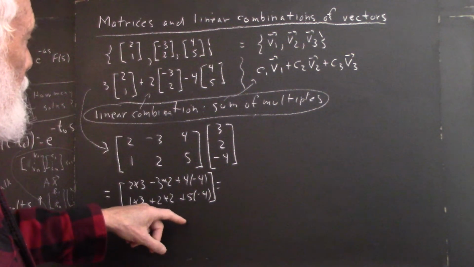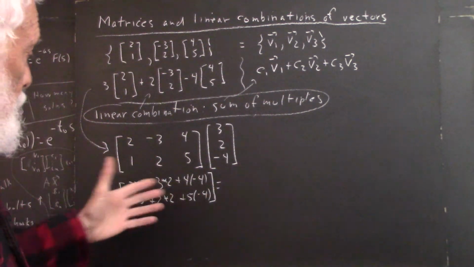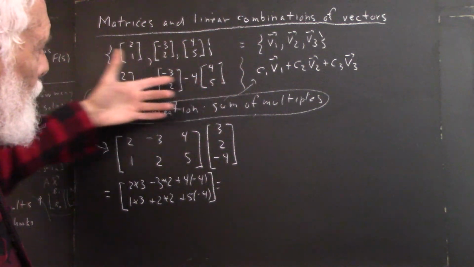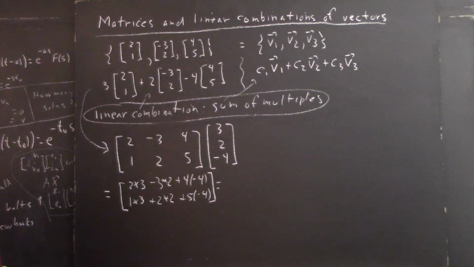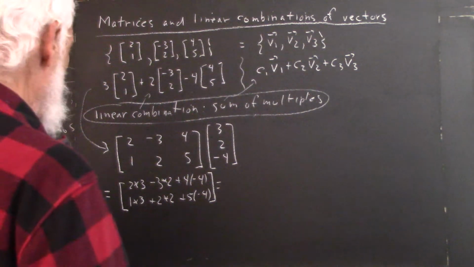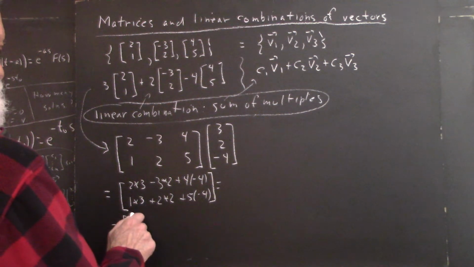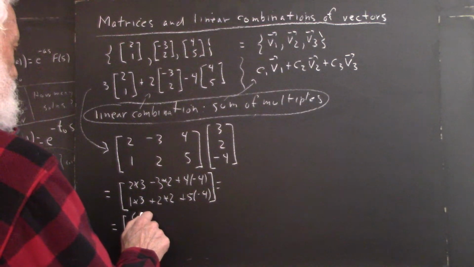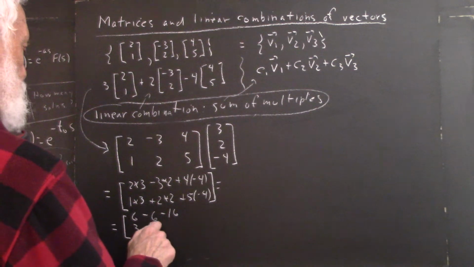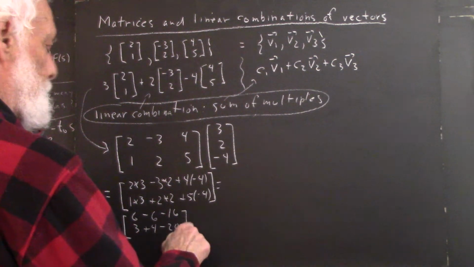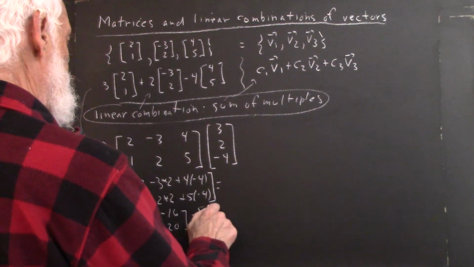Here we have negative 4 times 4, 5. So we have the whole sum that we would need here, but it's sitting right here in front of us. Well, we can then add that up, and we get 6 minus 6 minus 16, and we get 3 plus 4 minus 20. Okay? And that equals negative 16, negative 13.